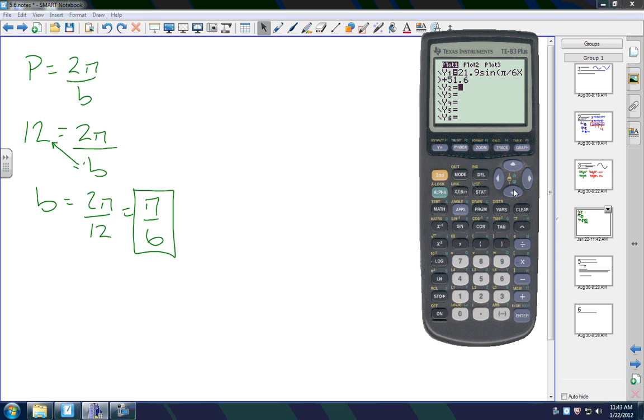Okay, so there's now our B value. We hit graph. Okay, so we've stretched this guy out long ways. It takes longer to get through, so we no longer have 2 peaks in the same window. We just have one. Now the last trick is going to be to get this guy to come right over to this peak right there.